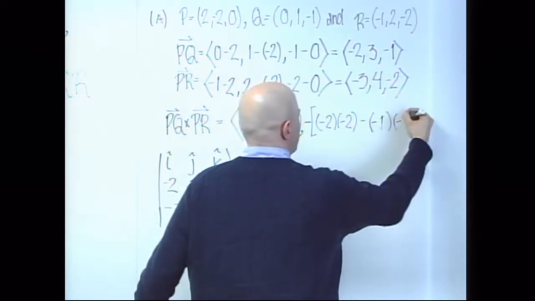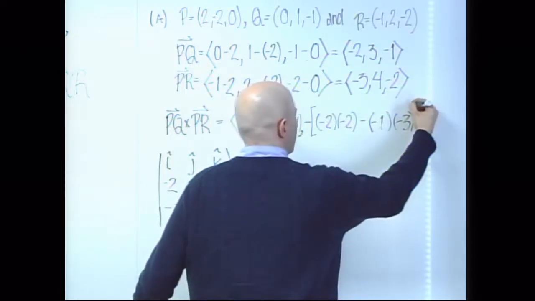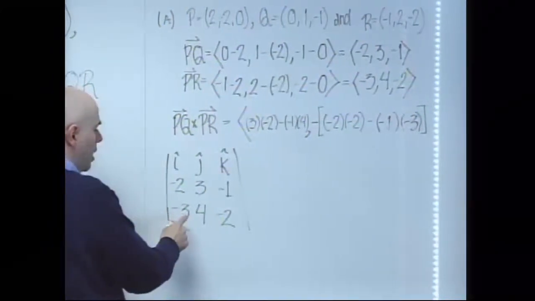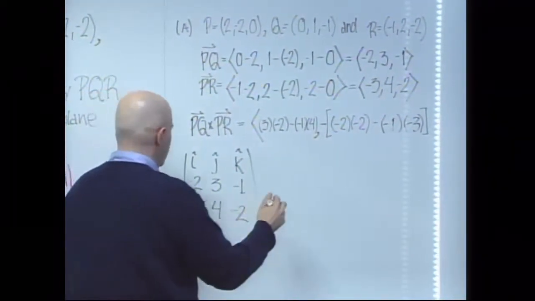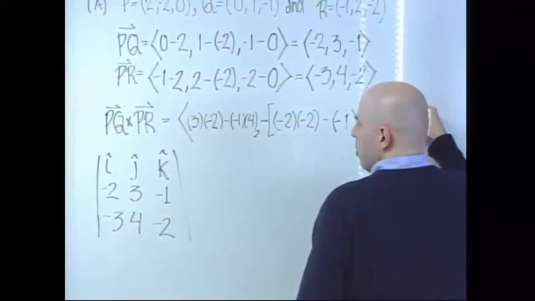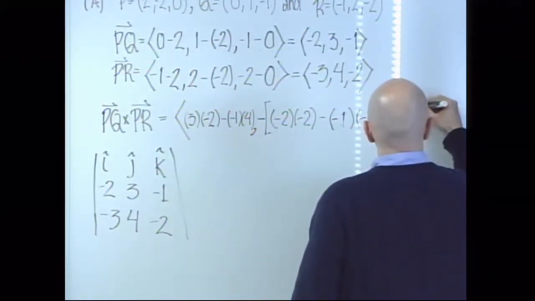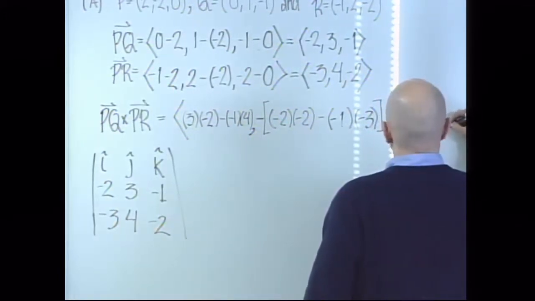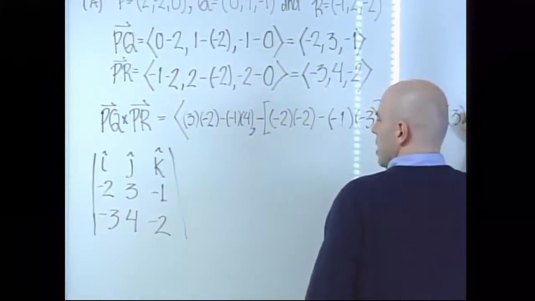This is the same, but I want just to follow the same order that I have been doing. So that's for the second one, and the third component is going to be -2 times 4 minus 3 times -3.